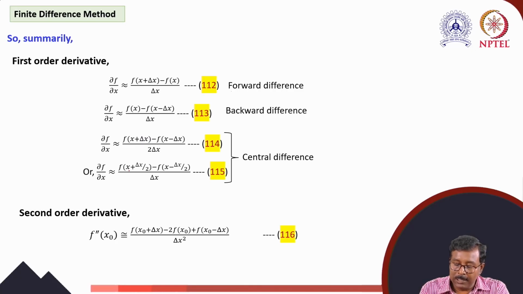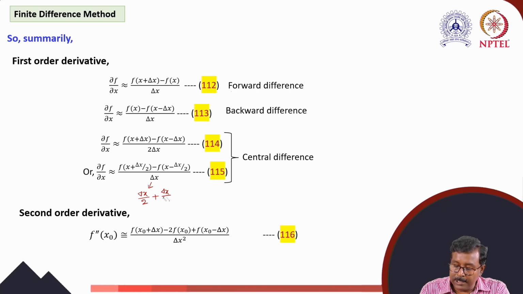Then in that case, f of x plus delta x by 2 minus f of x minus delta x by 2, but in the denominator it will be delta x, because this delta x comes from delta x by 2 plus delta x by 2.